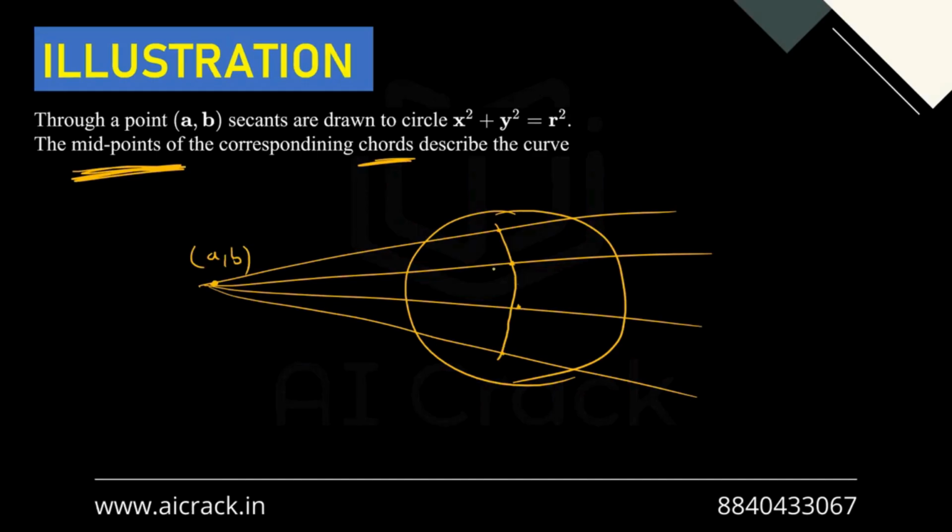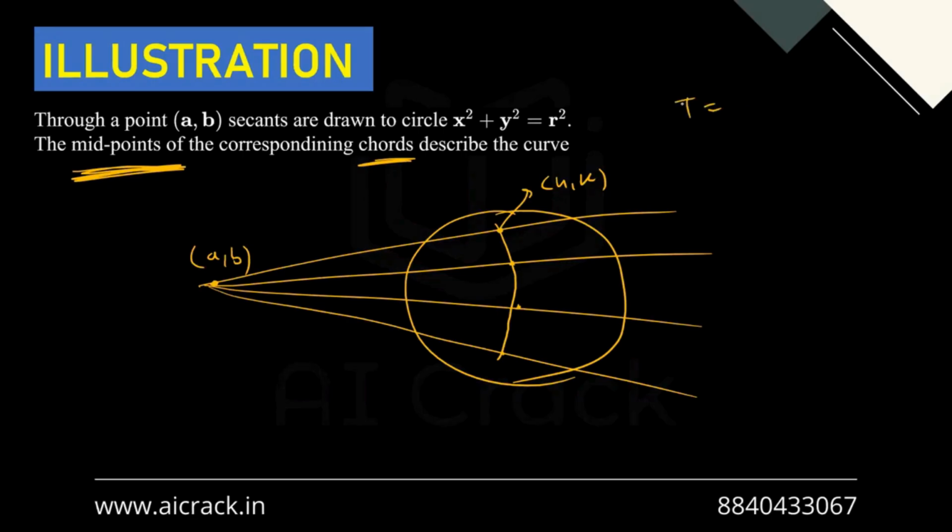Now basically we have to use the chord with a given midpoint. Given the midpoint, we can assume it to be (h, k), because that's what we assume in locus. So we write the equation, basically the notation equation T = S1 with respect to this particular point. So x1 and y1 here are h, k.